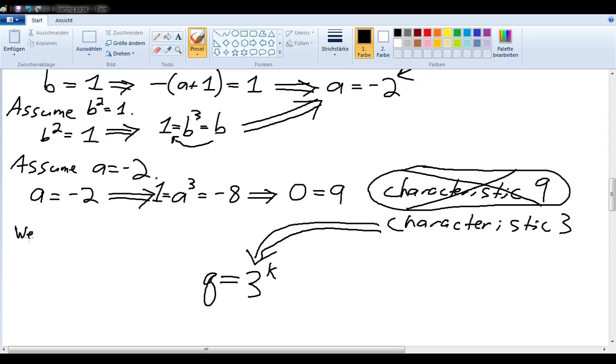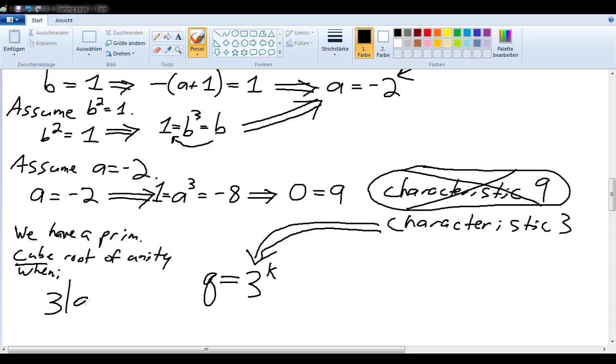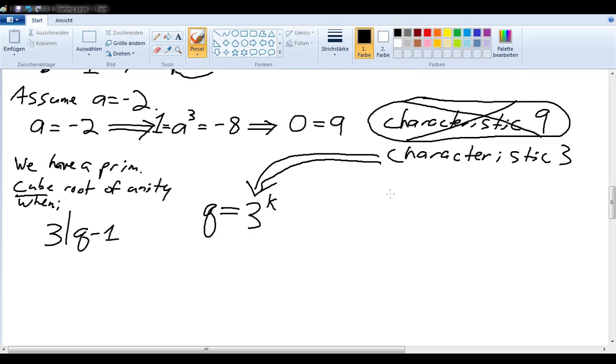So we have a primitive cube root of unity when 3, because we're dealing with cubes, divides q minus 1. So let's see if that could work with the characteristic of 3.